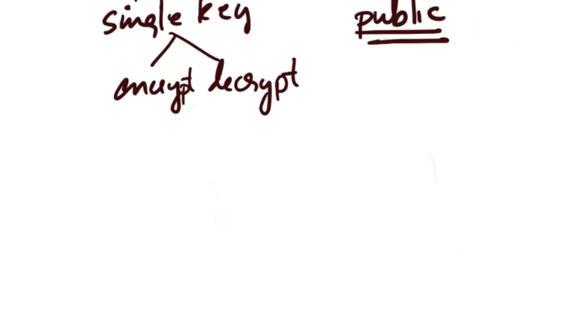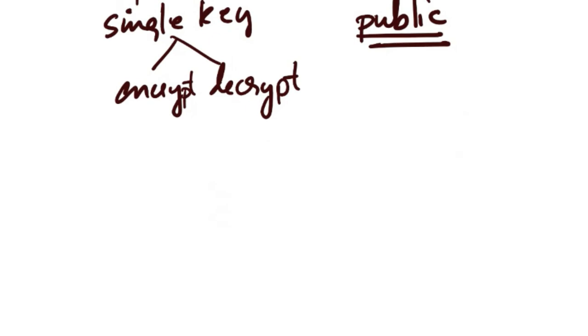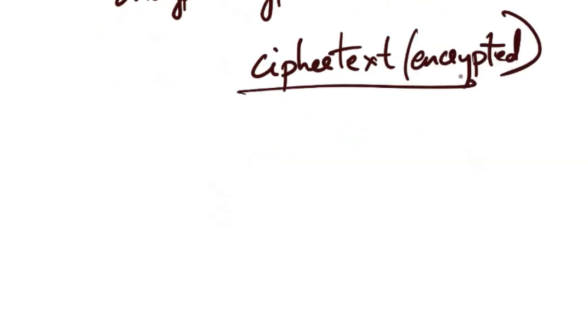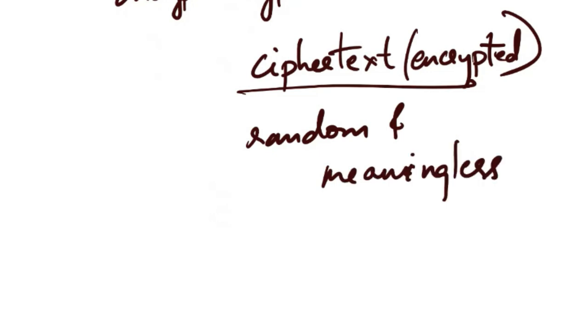After applying the encryption algorithm to the plain text using the encryption key, it results in the ciphertext. This is the encrypted data. The ciphertext appears as random and meaningless data, making it unreadable without the corresponding decryption key.